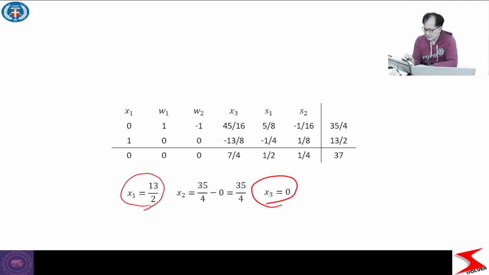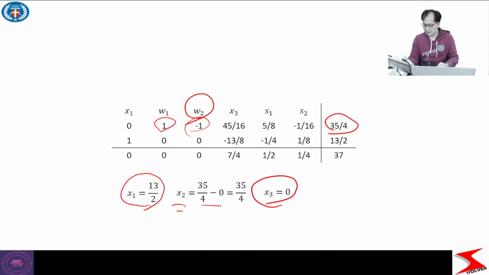We can see w1 is 35 divided by 4, and because w2 has the coefficient -1, w2 is 0, so x2 is 35 divided by 4 minus 0, which gives this number.